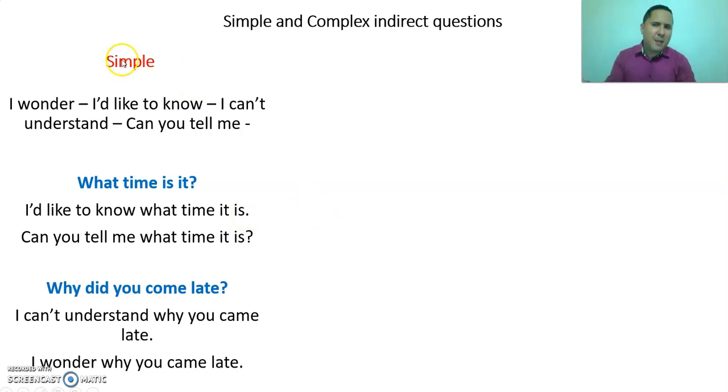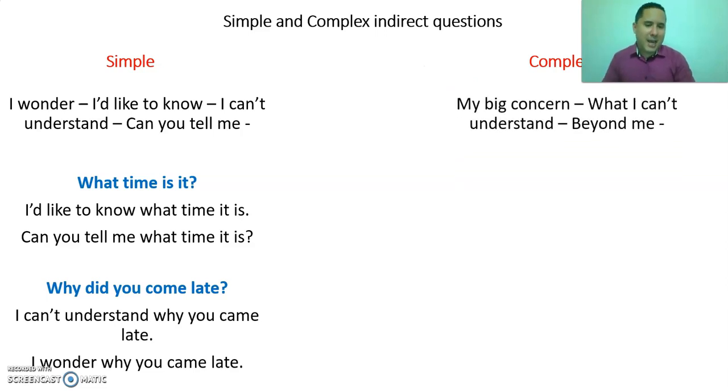Now, guys, these are simple, okay? Let's see now what are complex indirect questions, which I think, in my opinion, are not that difficult. In complex ones, guys, we are going to use some phrases which will have the verb to be: my big concern is, what I can understand is, something is beyond me, or what is beyond me is.